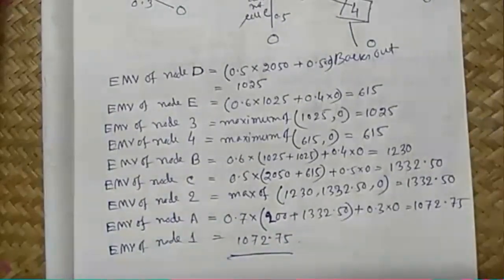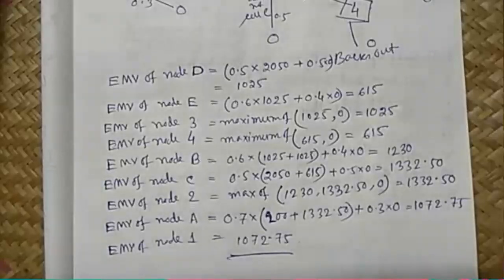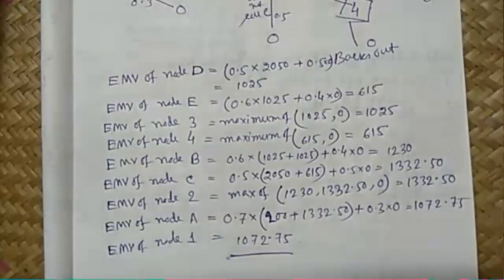So the question was, draw an appropriate decision tree for the real estate agent. We have done that in the previous class. What is the agent's best strategy under the EMV approach? His strategy is to find the maximum profit. So he will choose the path through which he can achieve more profit.